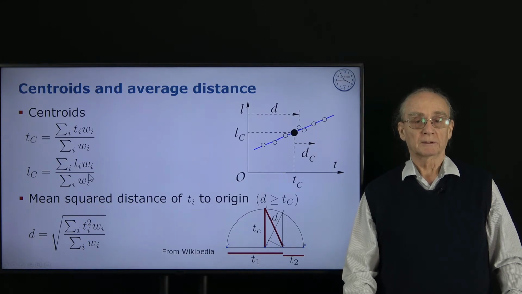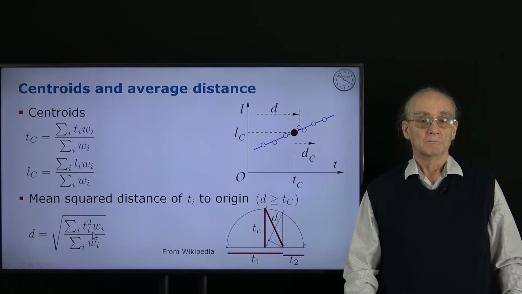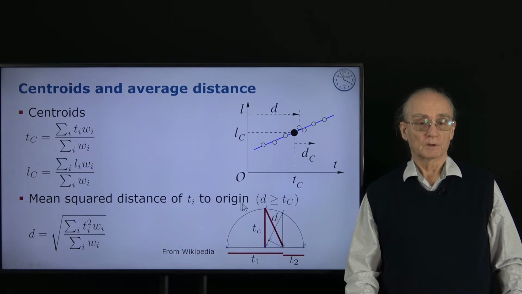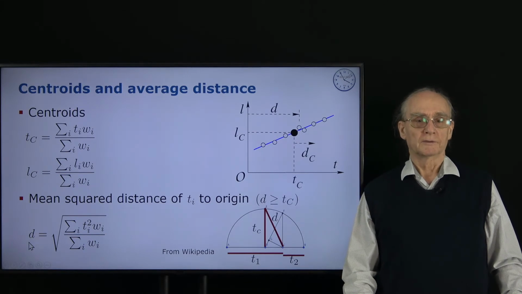And now we would like to know what the average distance from the origin to all these t's is. And this is, so to say, the mean squared distance of the t's to the origin, which is the sum of the squares, weighted, divided by the weights. So we get an average distance, which we could say, if we would know the mean is 0, then this would be a standard deviation.